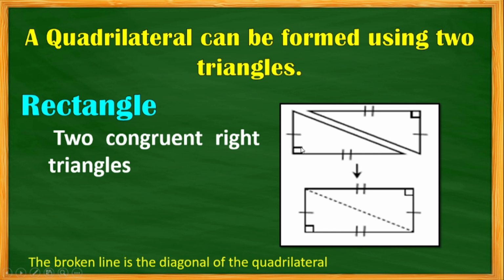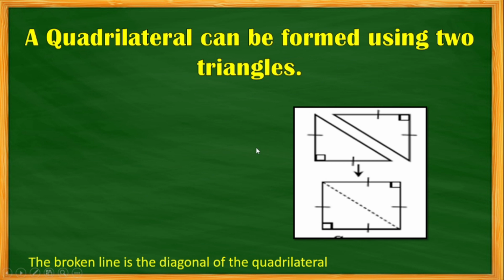A right triangle measures a 90-degree angle, or right angle. So this one is a right triangle and another right triangle, combined together to form a rectangle.